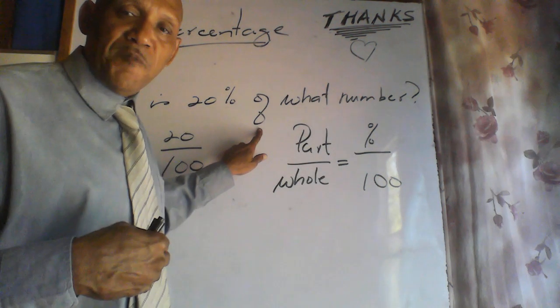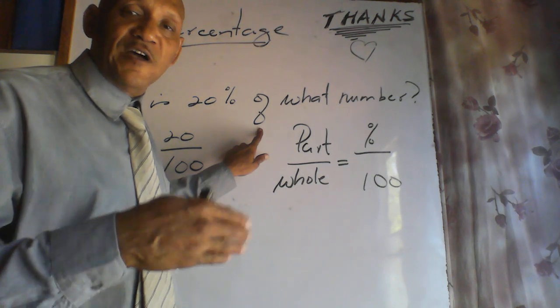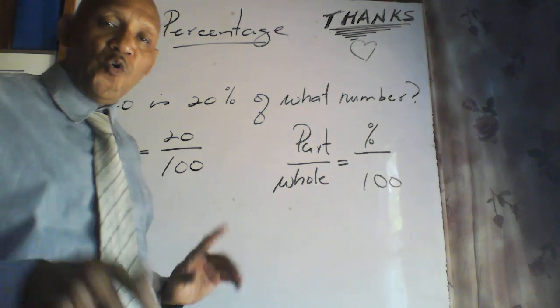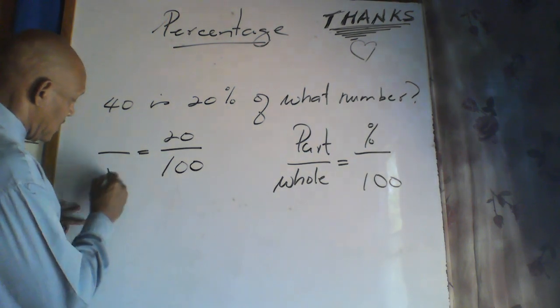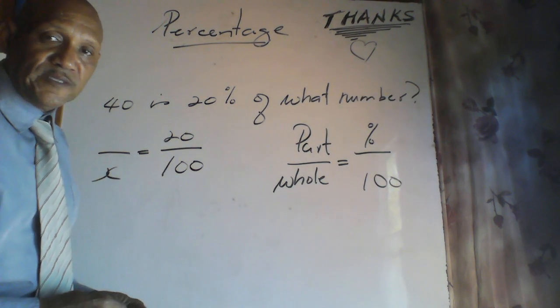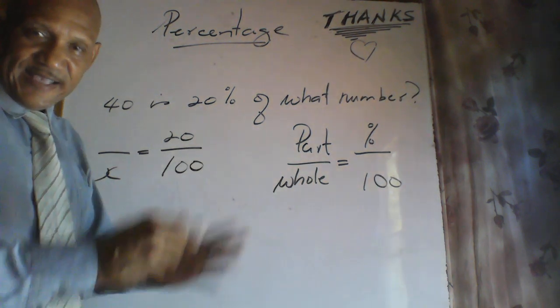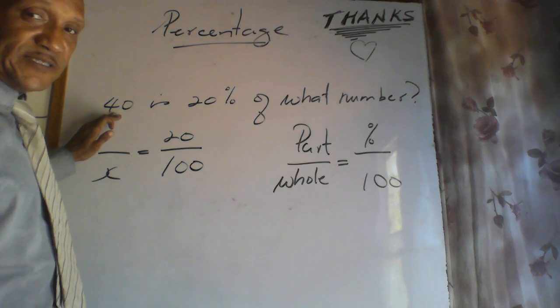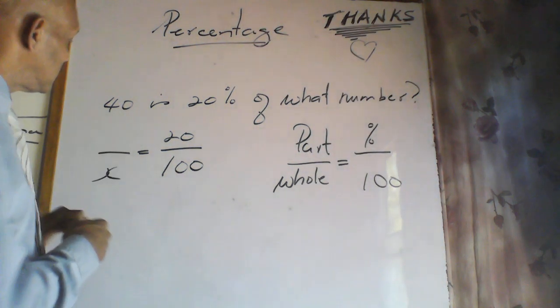That was my rule, remember? So I don't know what the whole is. I put X as a variable for the unknown. And then 40 is the part.